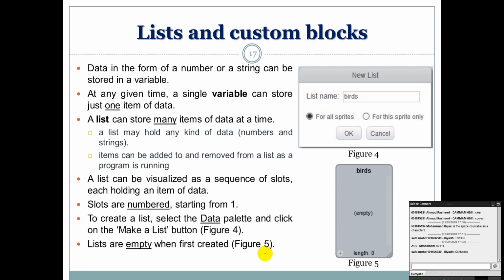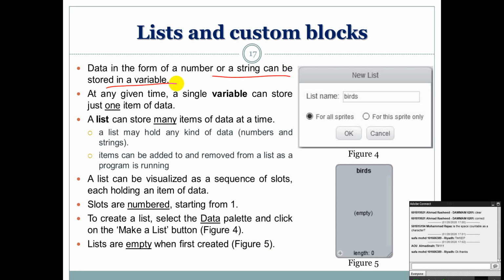The next we have lists and custom blocks. Lists are nothing but a set of data, or a group of data. Data in the form of numbers or a string can be stored in a variable.